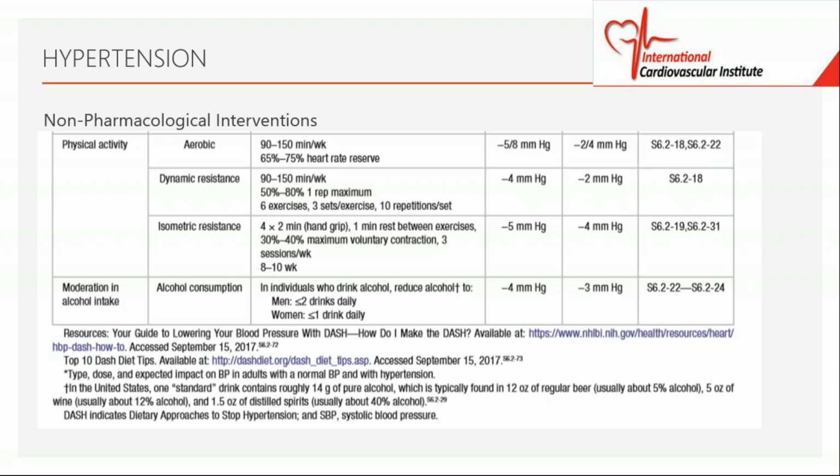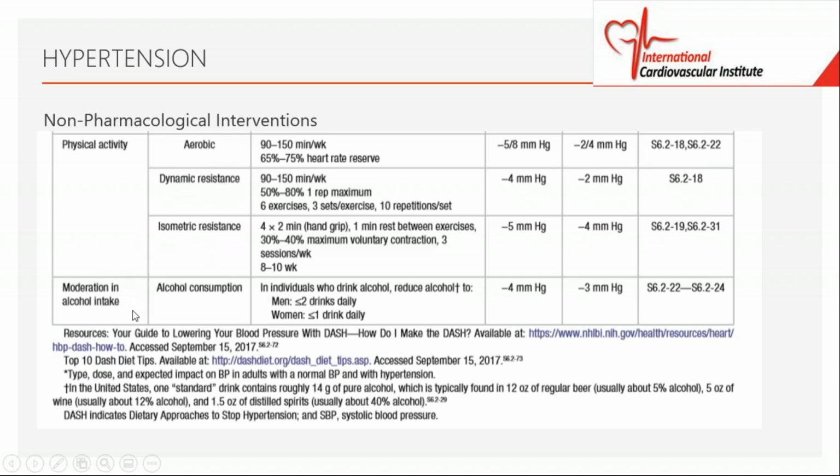You can divide that: if they want to do 30 minutes per day for 4 to 5 days, that's fine. Or they may want to do 40 minutes for 3 days. But the recommendation is 90 to 150 minutes per week. And you can see the reduction in blood pressure. I usually recommend mainly aerobic, but you can do dynamic resistance or isometric.